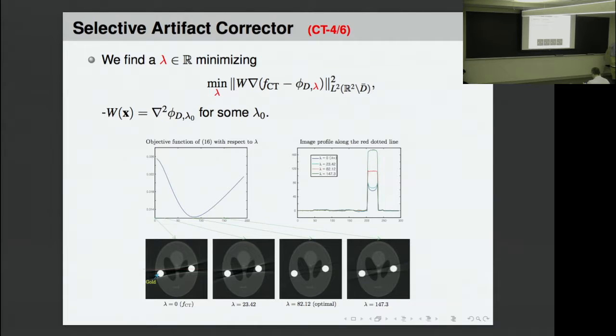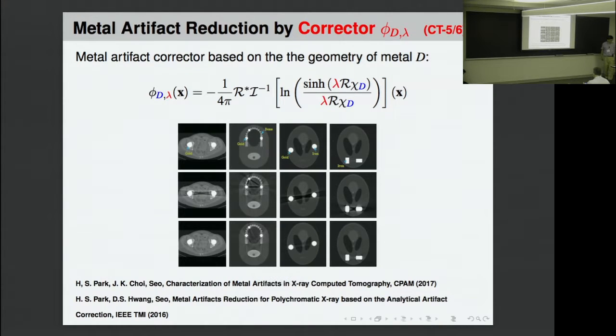So that's the reason why I suggest, selectively, instead of the regularization, just take off the artifact. That's my goal. I asked my student to do that, and my clever student, much cleverer than me, he is my teacher, developed the concept. He found the artifact is completely determined by the geometry of the metal.